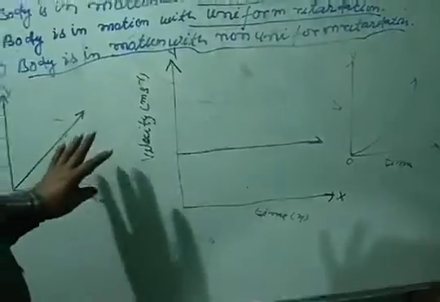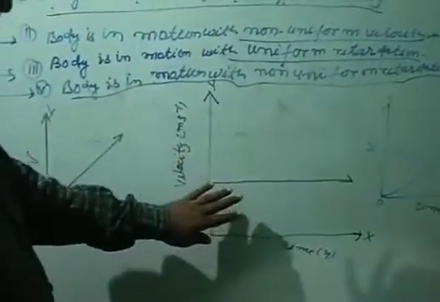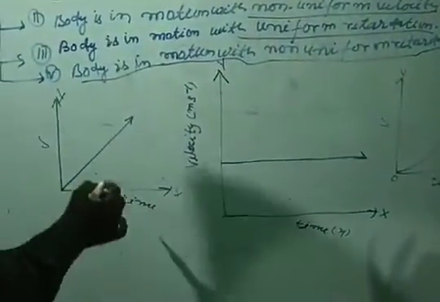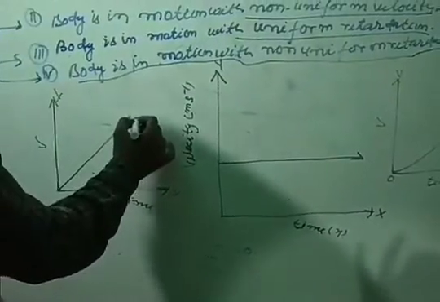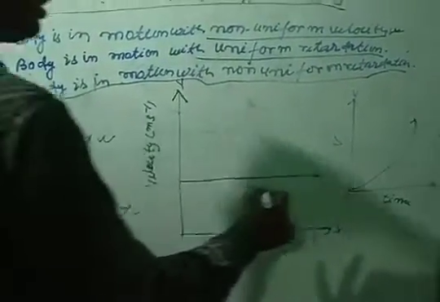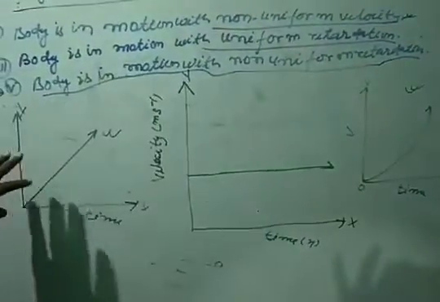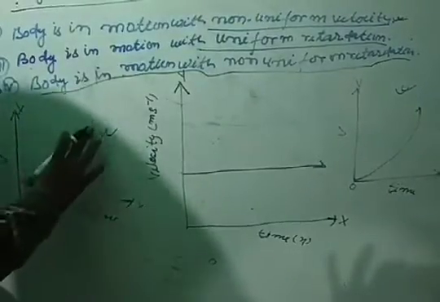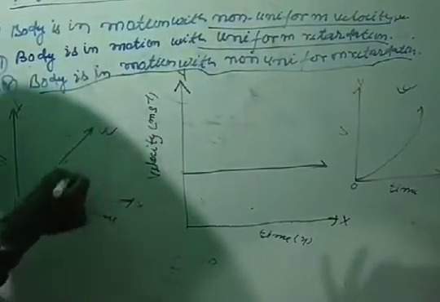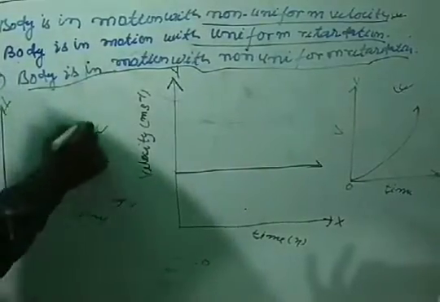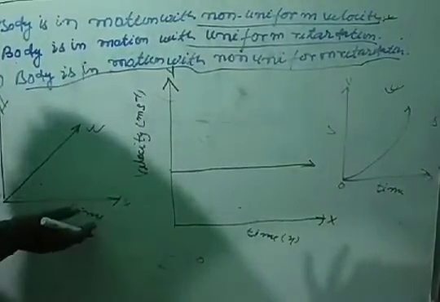When the body is moving with non-uniform velocity, there are two cases. First, the body is moving with uniform acceleration, and second, the body is moving with non-uniform acceleration. When the body is moving with uniform acceleration, the graph is a straight line inclined to time axis.